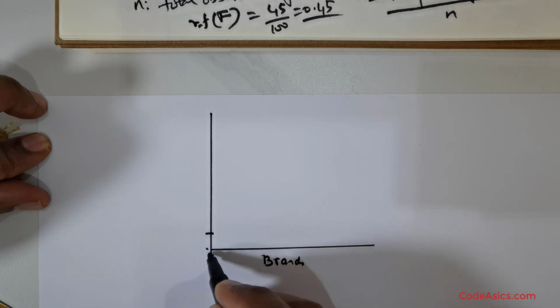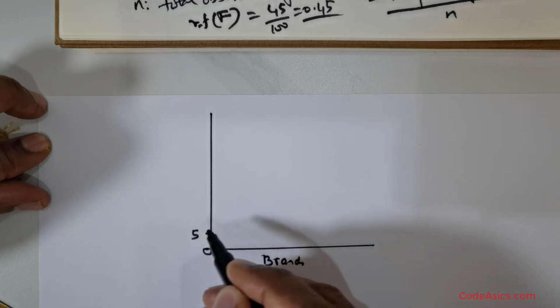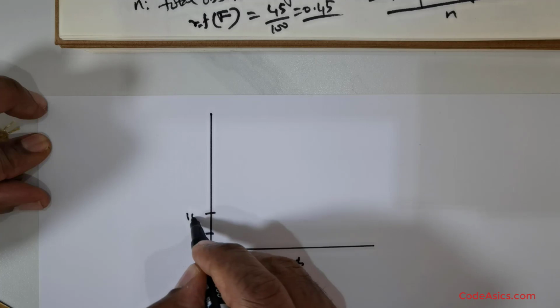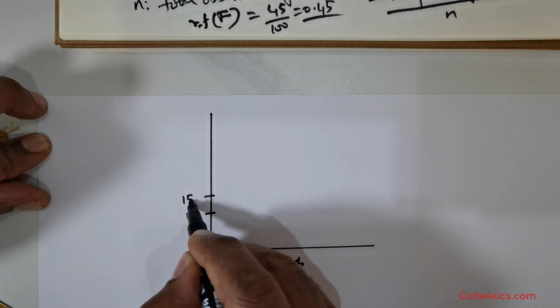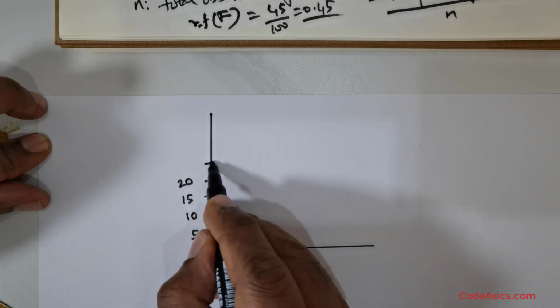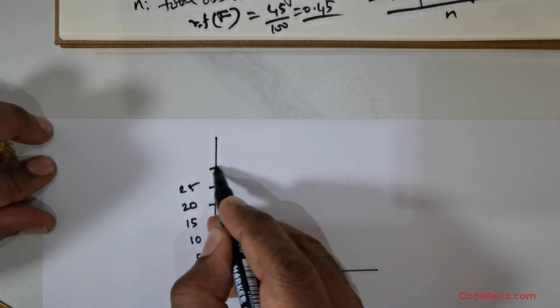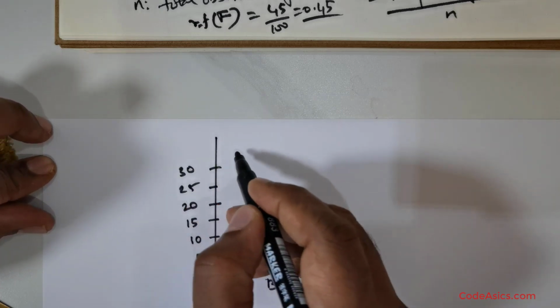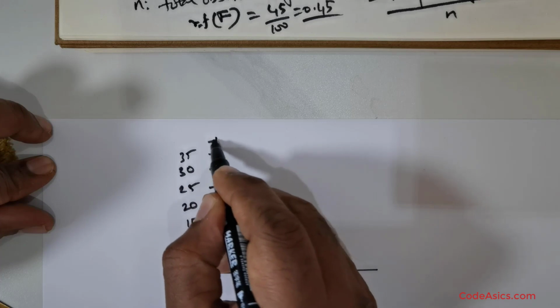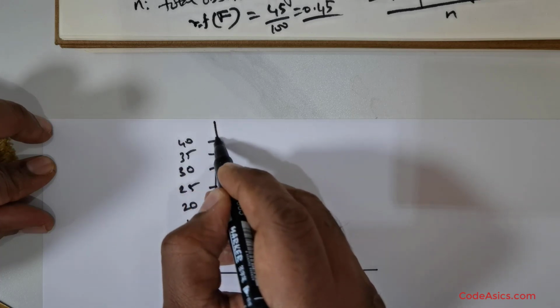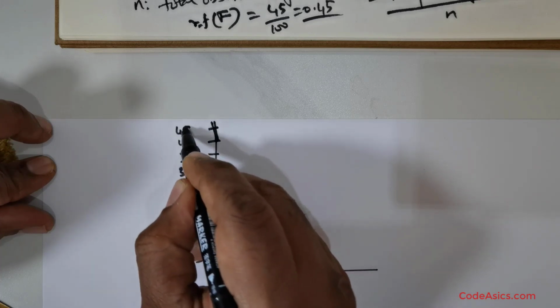So this is going to be 0, and this is going to be 5 and 10, 15, 20, 25, 30, 35, 40, and one more, 45.